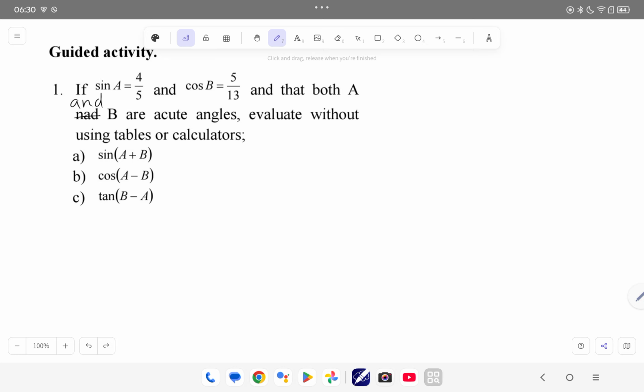Evaluate without using tables or calculators, as we are seeing on the screen here.